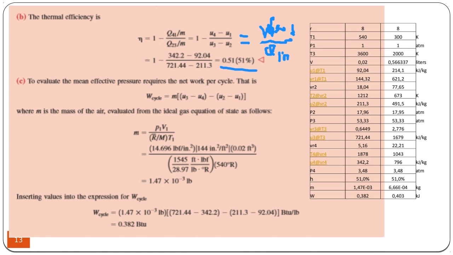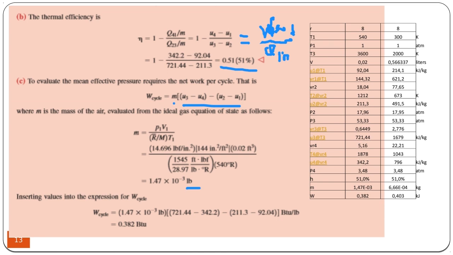So first we can calculate the mass of the air inside the cylinder by using the ideal gas equation. And we obtain the mass of the air, so that the actual work per cycle is obtained as the work per unit kilogram times m, the mass of the gas, which will give you the total work per cycle.